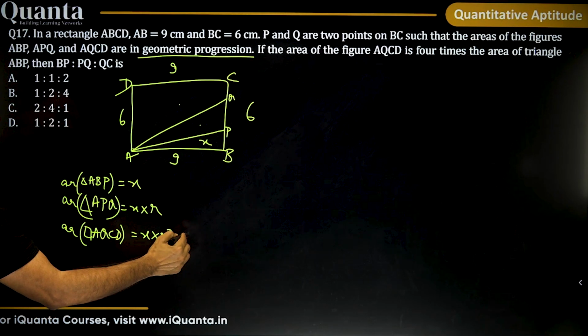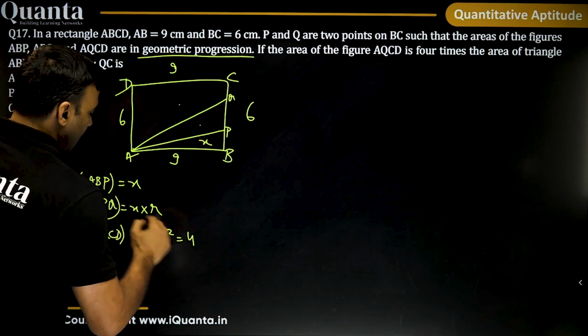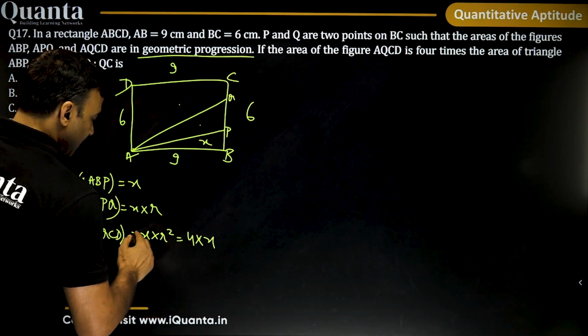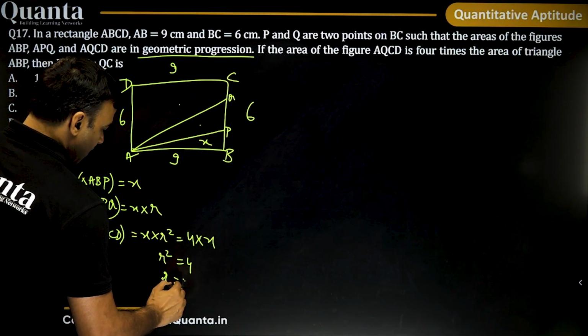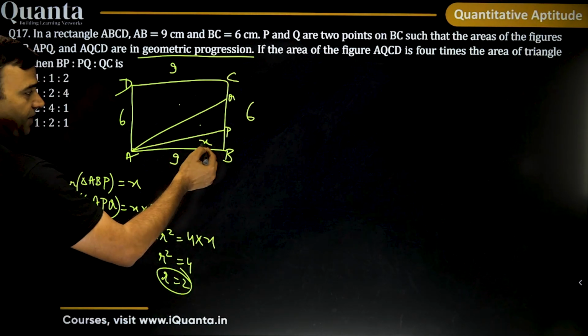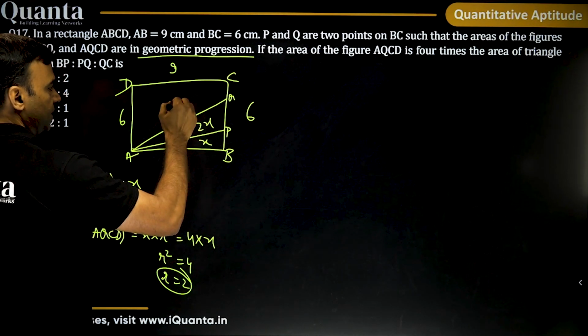And this is given 4 times the area of triangle ABP, that is X. So X cancels, R square is equal to 4, and because we are talking about areas, R will be positive, so R is 2. So if this is X, this is 2X, this is 4X, fantastic.